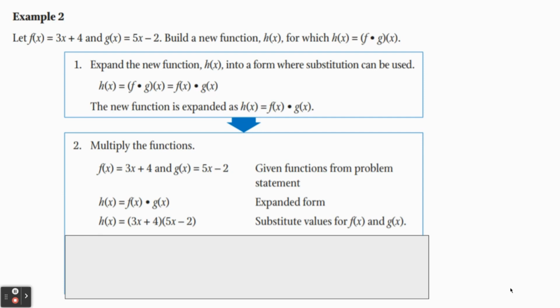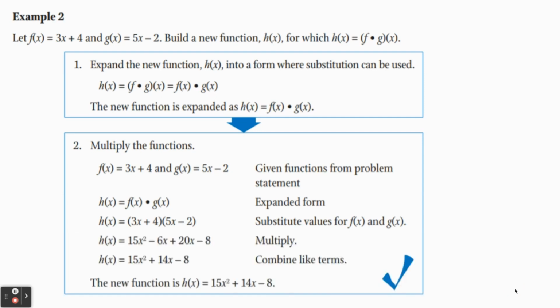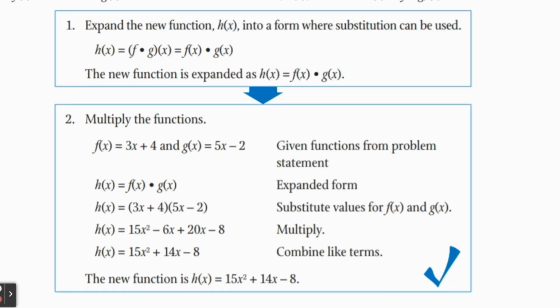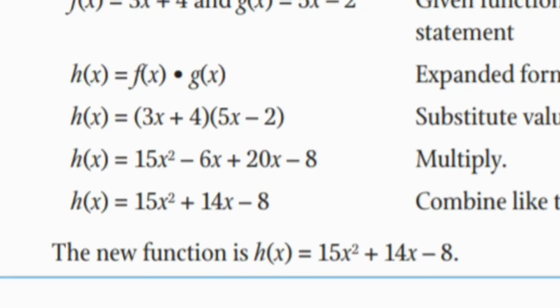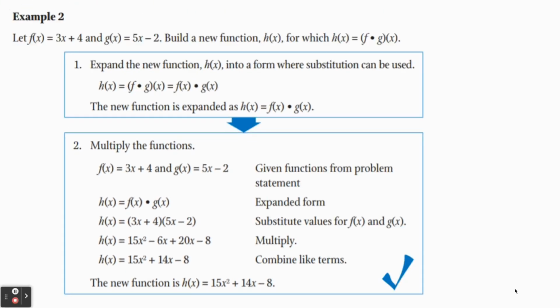This is going to be a case where we're going to be double distributing. Once we've combined like terms, we're going to notice that it becomes a quadratic. We had an x term in the first set of parentheses and an x term in the second set of parentheses. Therefore, our final answer will have an x squared in it. So we have the quadratic new function, h of x is equal to 15x squared plus 14x minus 8.